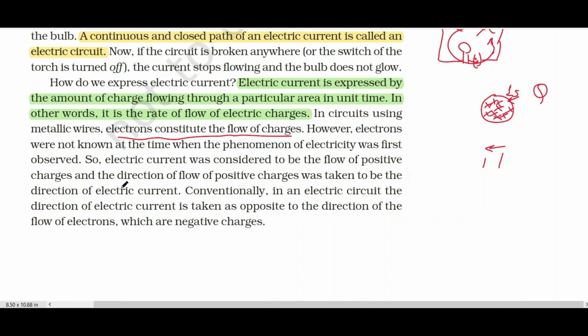So the electric current was considered to be the flow of positive charges, and the direction of flow of positive charges was taken to be the direction of the electric current.